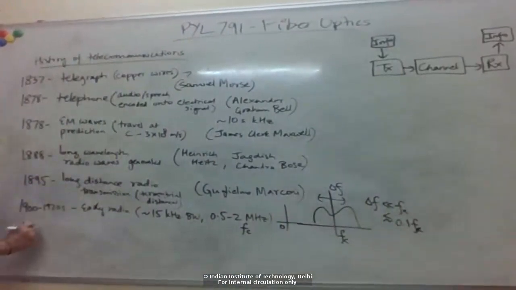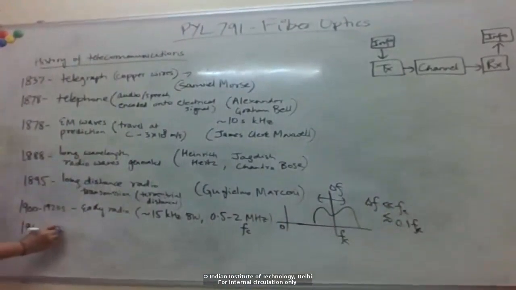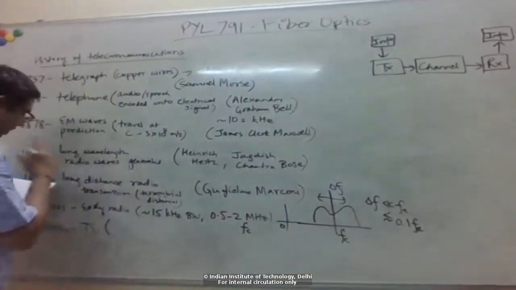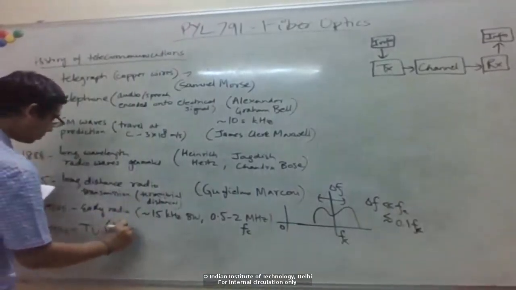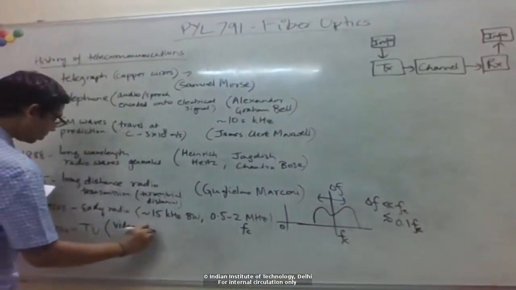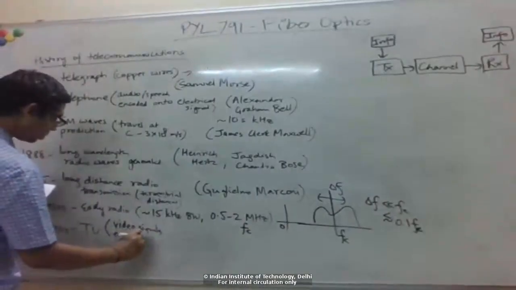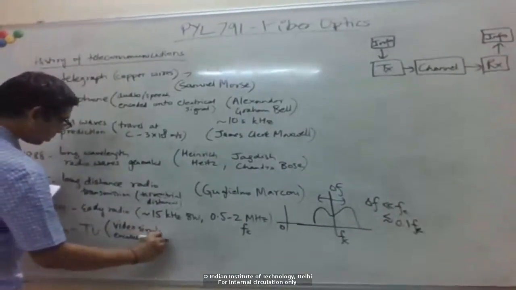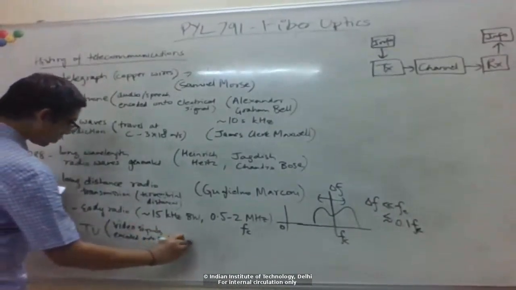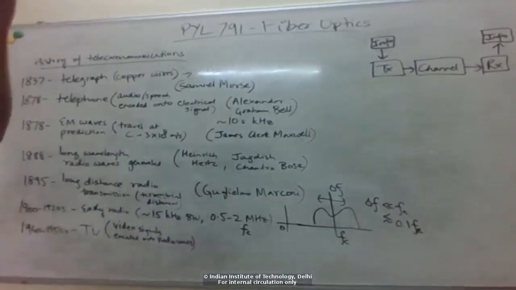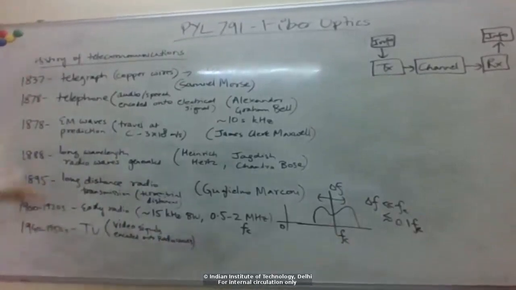Okay, the next big advance, in the mid 1900s, was the invention of television and the transmission of video signals. Even now you have these dish antennas on top of buildings receiving the TV signal.